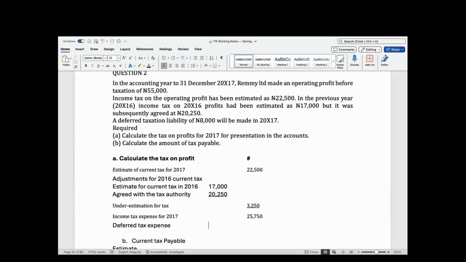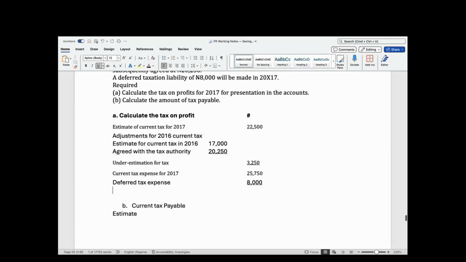There's a deferred tax expense of 8,000 as well. So let me call this my current tax expense since it hasn't been separated. Then my income tax expense that goes to P&L will be the addition of these two.